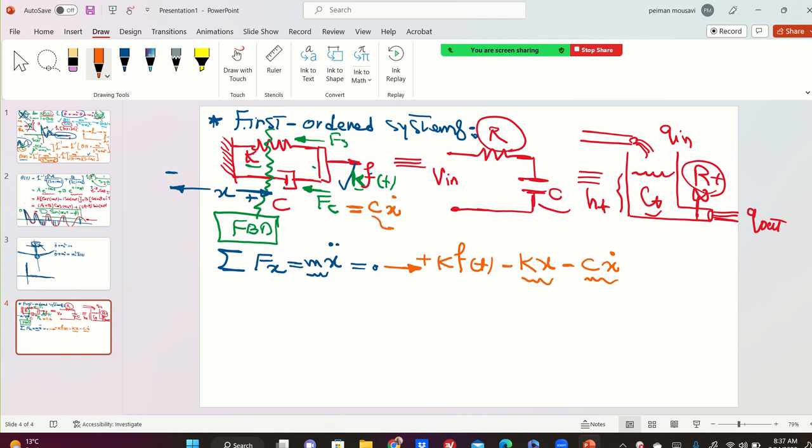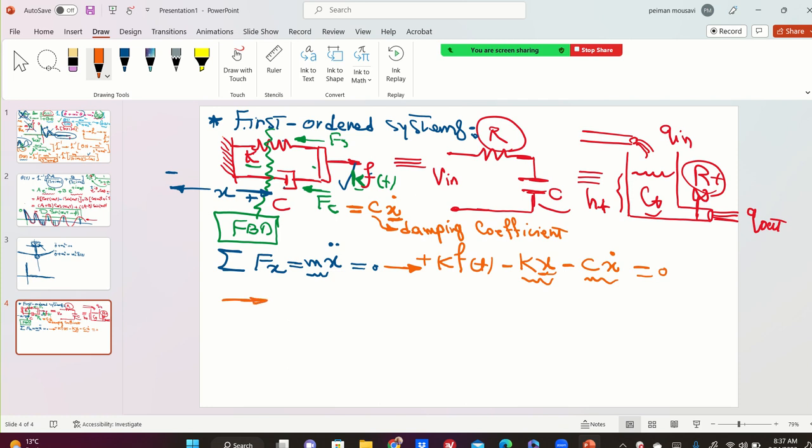C is the damping coefficient, and this is the velocity, and this is displacement, equals 0.